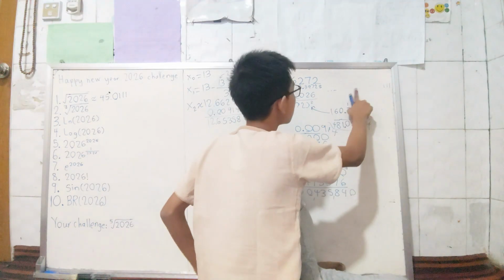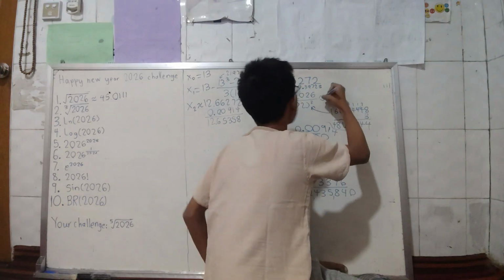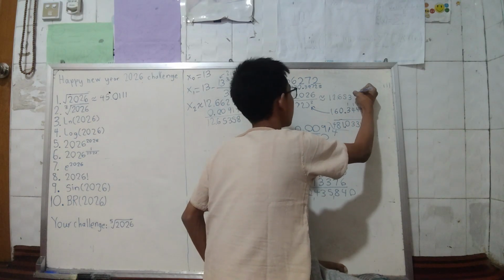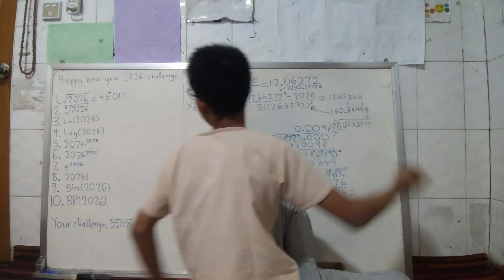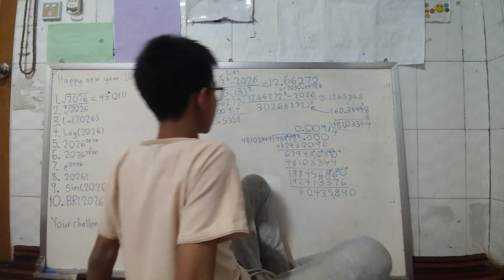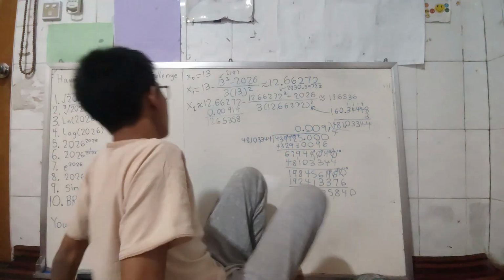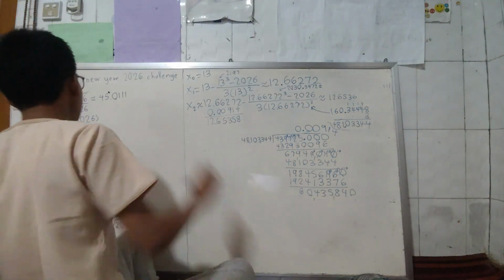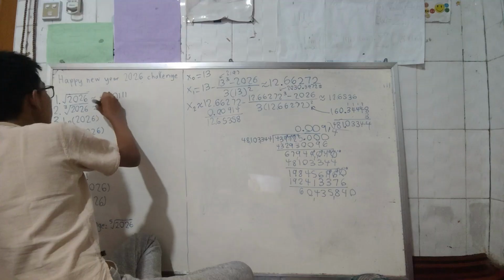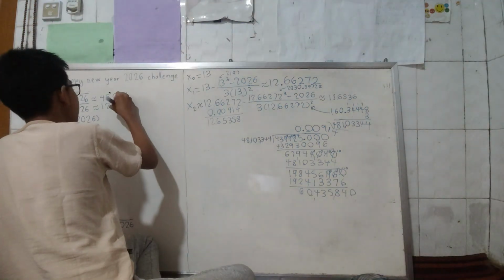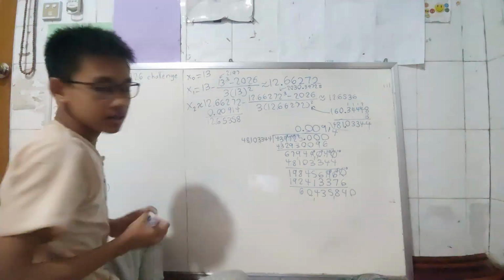So this is going to be approximately 12.65358. That's going to be 6 right there. So our approximation is 12.6536. I think so. Let's check.